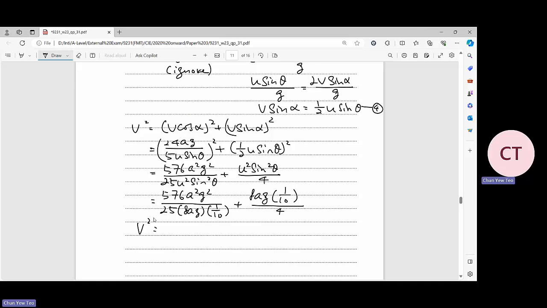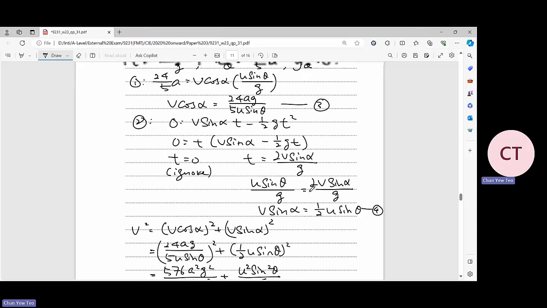If you simplify it, you get 576 times 10 divided by 25 divided by 8. You are having 144 over 5 AG plus 8 divided by 40. That will be 1 over 5 AG. Then your V will be equal to the square root of 145 divided by 5, that is 29 AG. That will be your answer for the b.